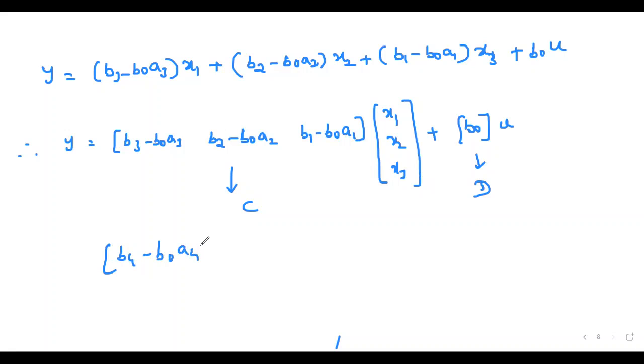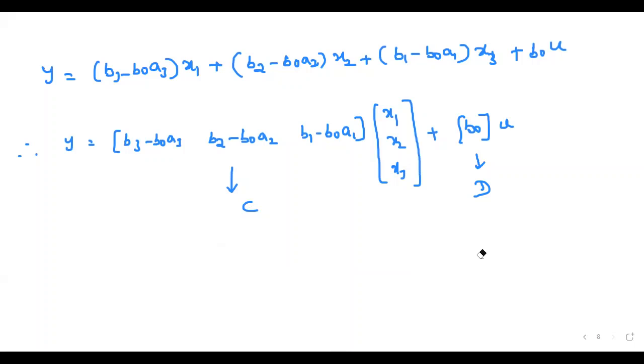So three more elements. This is the way in general you can write it. So this is the controllable canonical form when the transfer function has both numerator polynomial and denominator polynomial.